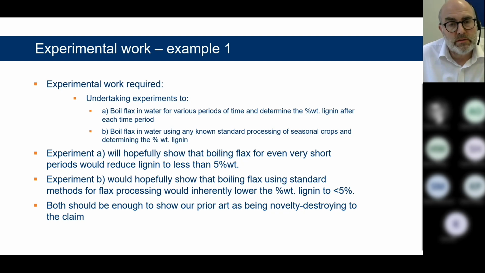So both should be enough to show that our prior art, that document that we found that had polylactic acid as the film and boiled flax, is actually novelty destroying because it would inherently have less than 5% lignin because of the experiments we did. So you can see that even very simple experiments are going to really, really help in changing that from a failure in terms of the opposition or third-party observations back to a success.